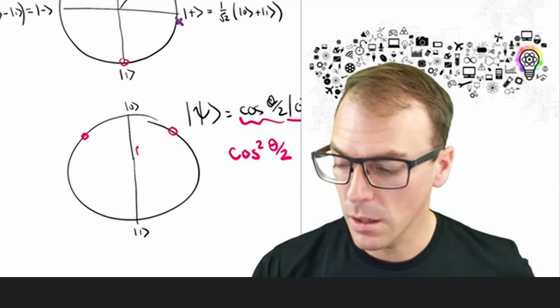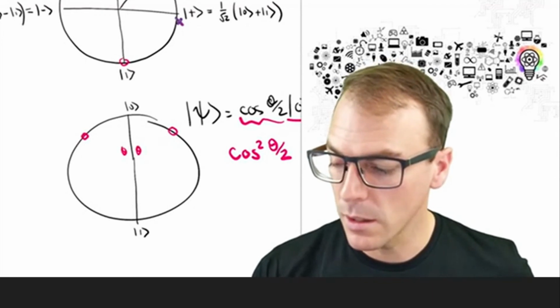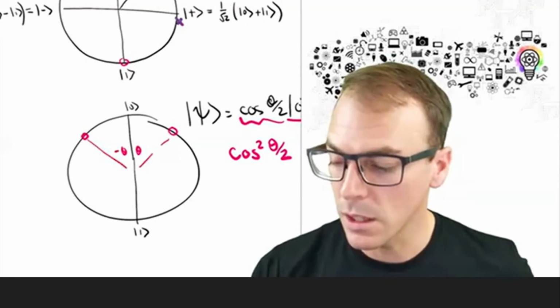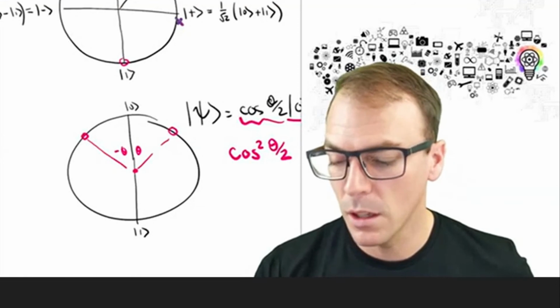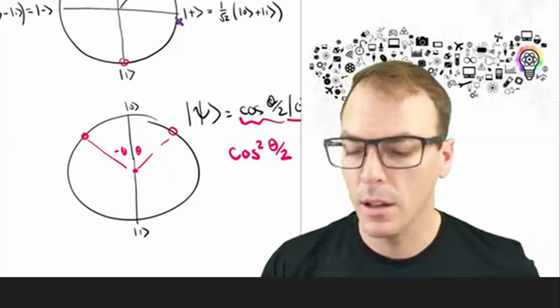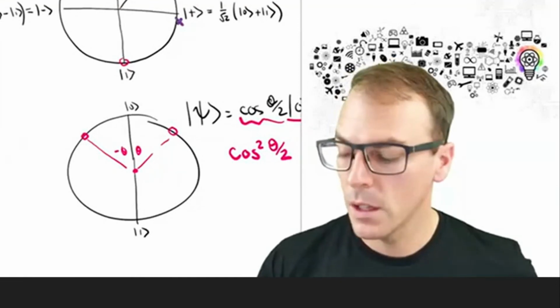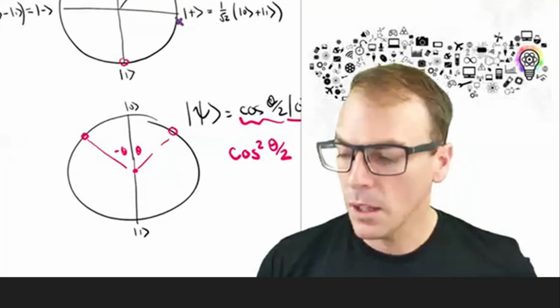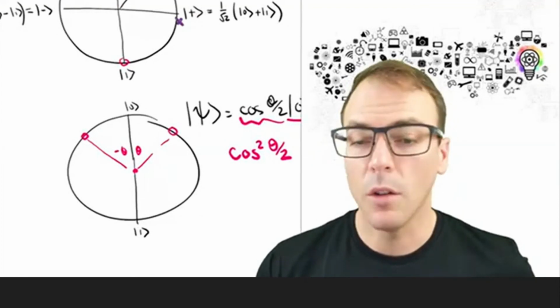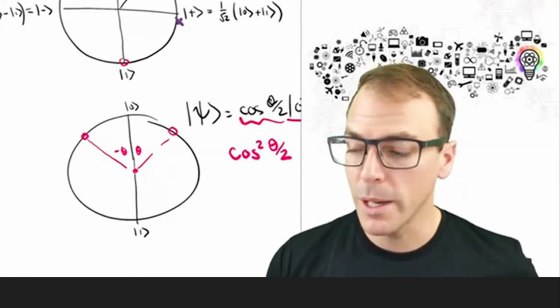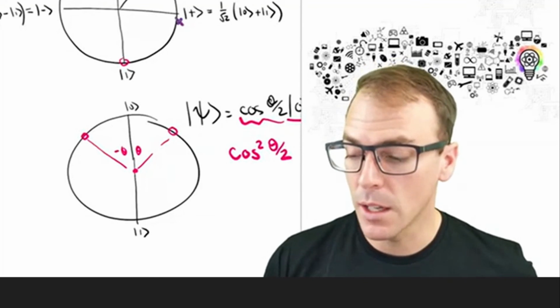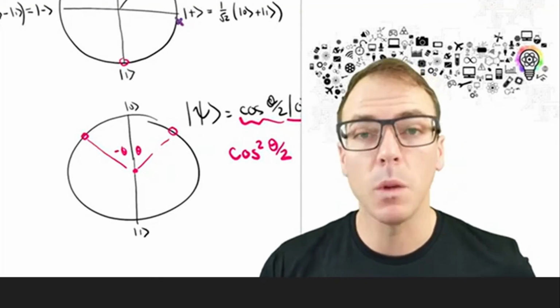So in this case, I don't know whether it's theta or minus theta, because those give the same value of cosine squared theta over 2. Okay, so it seems like I can't actually solve this problem. I want to read the quantum information, but I can't do it because I can't distinguish between these 2 states.